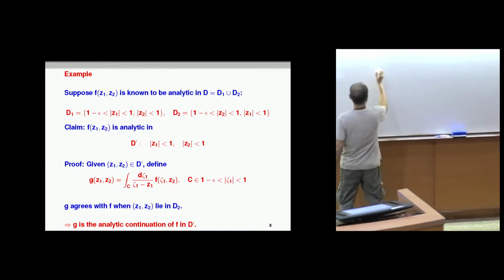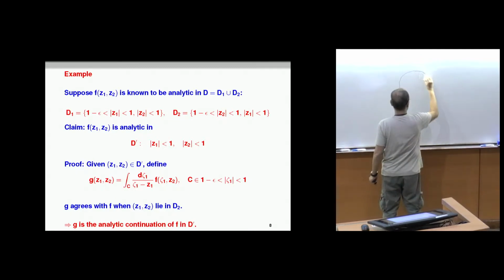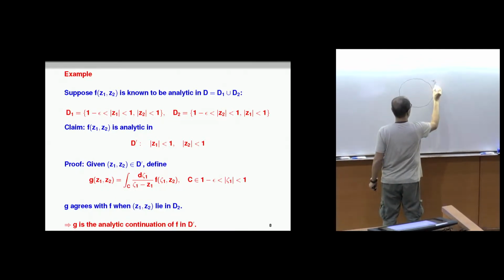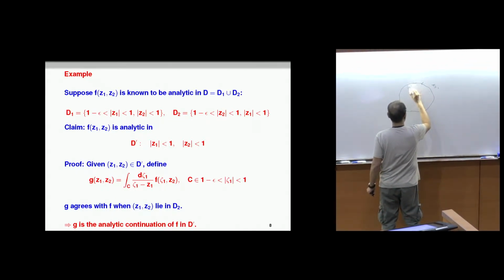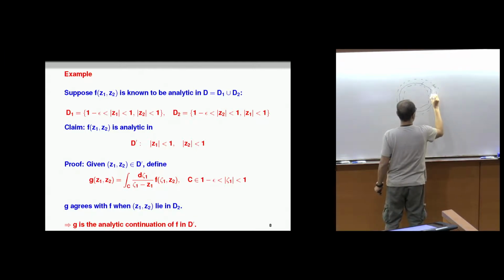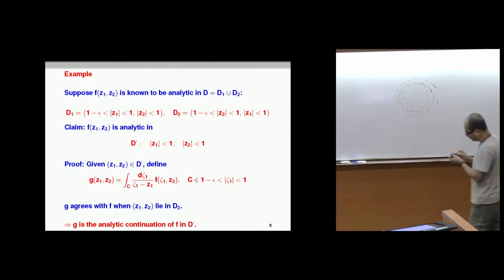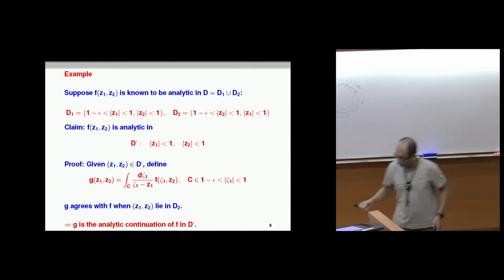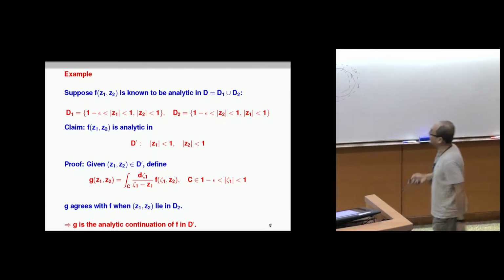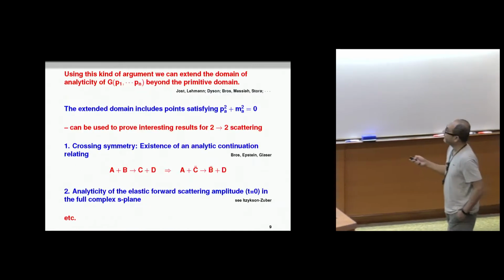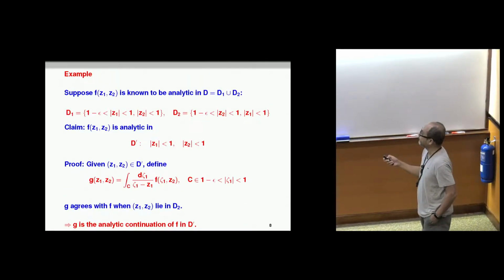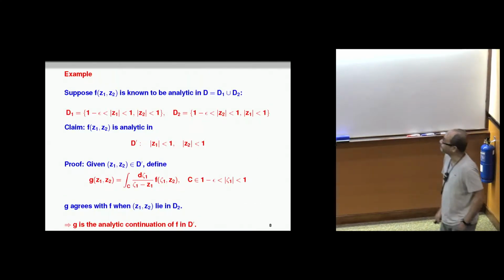If it's in the Z1 plane, this is the zeta 1 contour, it lies inside the strip in which this function is known to be analytic. So you integrate over this contour. This is a perfectly well defined object because it uses F in the domain where it's known to be analytic.